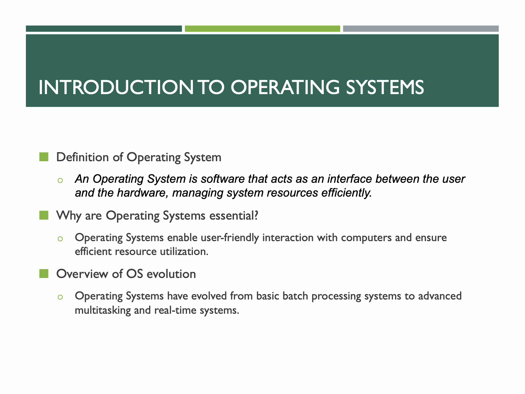Key advancements include time-sharing systems in the 1960s, personal computing in the 1980s, and modern mobile operating systems like iOS and Android. These are the milestones it has come across on a very long journey.